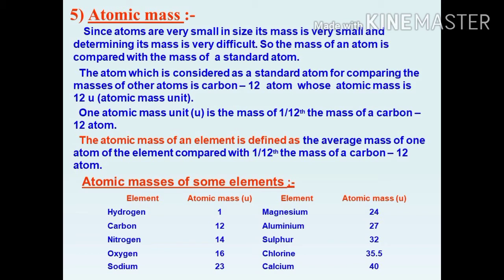One atomic mass unit is 1 by 12th the mass of a carbon atom. The carbon atom contains 12 parts. Out of the 12 parts, one part is known as atomic mass unit. Did you understand?